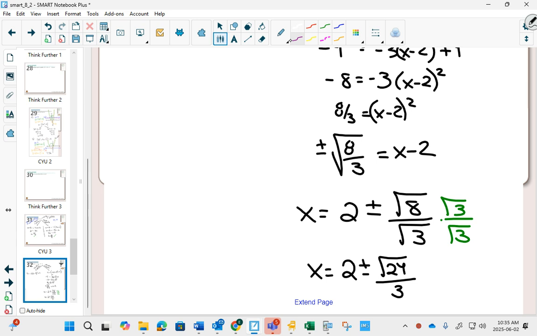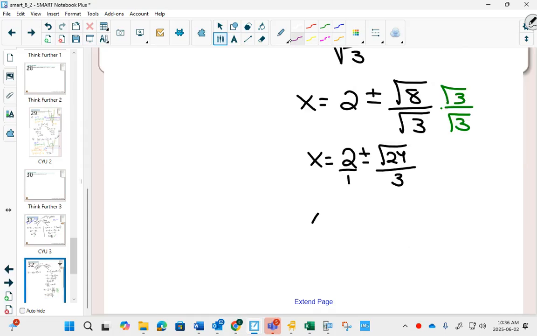Can I leave my answer like this? No. It has adding and subtracting. We need a single fraction. So this 2 is 2 over 1. I need a common denominator, so I can multiply this by 3 over 3, and then I get 6 plus or minus the square root of 24 over 3. Am I done? No. My square root has to be simplified.